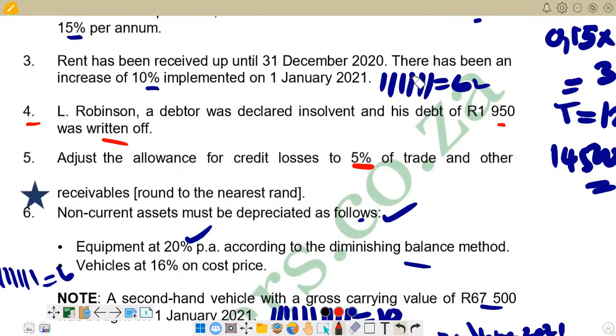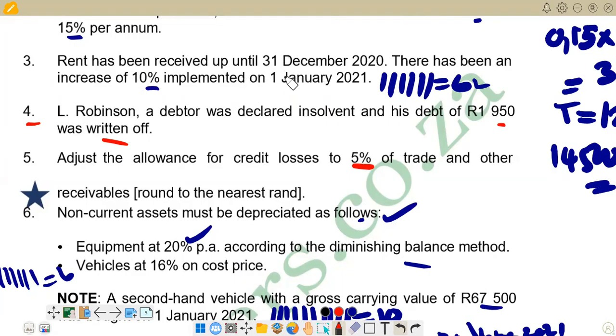For rent, there's been an increase of 10% on 1 January 2021. Rent has been received up to 31 December. Remember, we have only rent for 6 months that was received. And the other one that we calculated and found 19,800 was not yet received. So that remainder is an accrual of income. Remember, this is rent income.